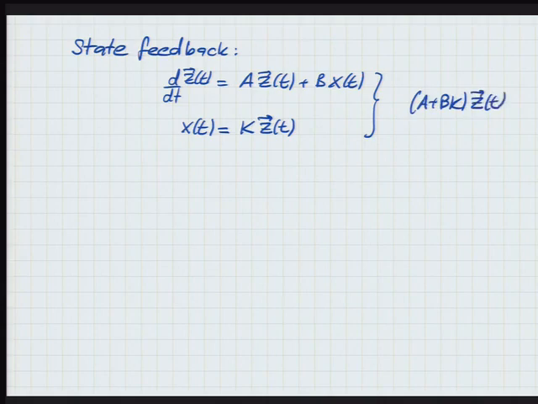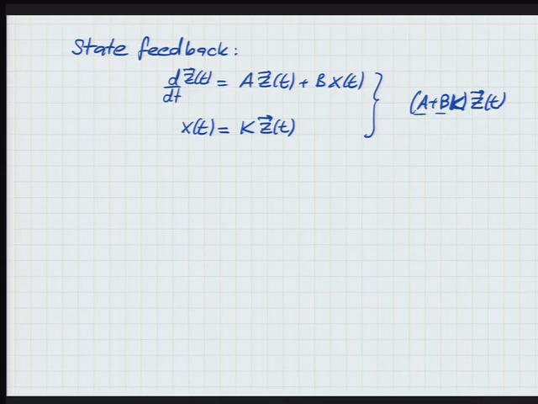And then you said, well, how do I choose K? Turns out if the pair A and B had the so-called controllability property, then you could always choose a K that placed the poles of this matrix arbitrarily, wherever you wanted them to be. Do you remember that? At least roughly you should remember that, okay? So what's different here?